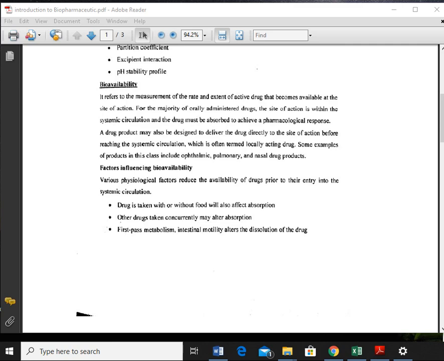So, what are the factors that influence the bioavailability? Various physiological factors reduce the availability of the drug prior to its entry into the systemic circulation. Number one, whether the drug is taken with or without food will affect the absorption.